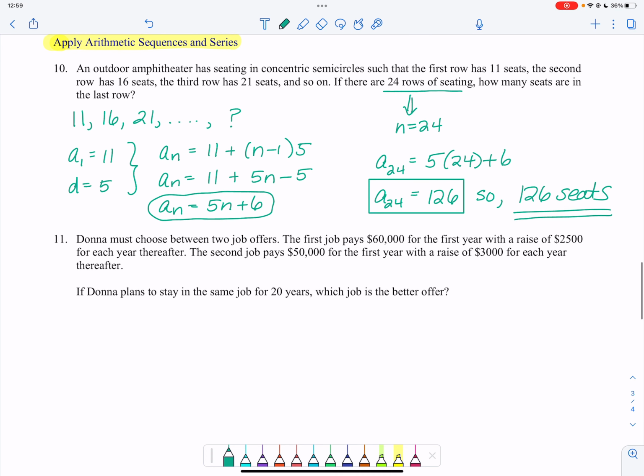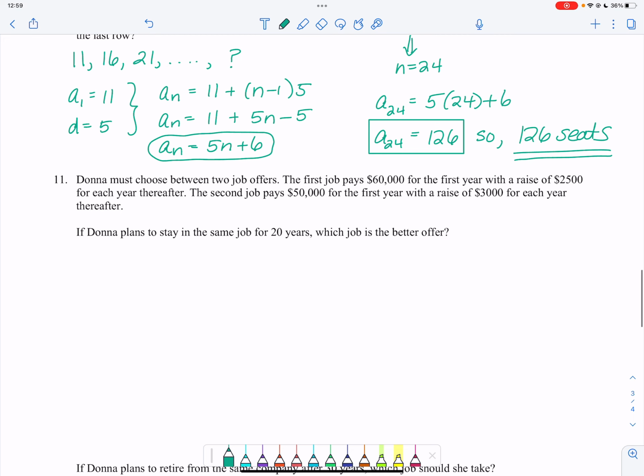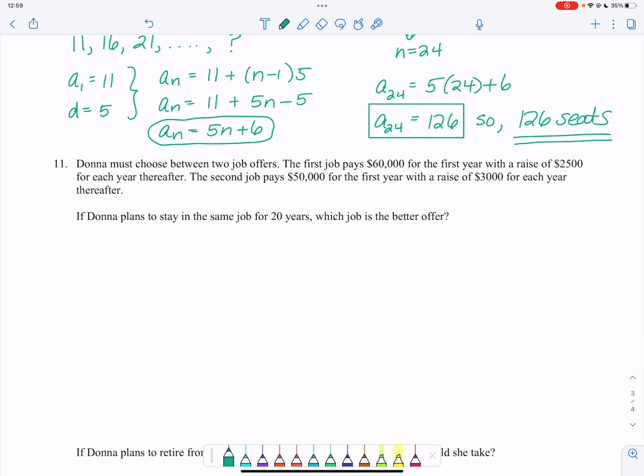Okay, looking at number 11, Donna must choose between 2 job offers. The first job pays $60,000 with a raise of $2,500 for each year thereafter. Looks like we're going to be looking at the first job and the second job. So let's just go ahead and get that written down.